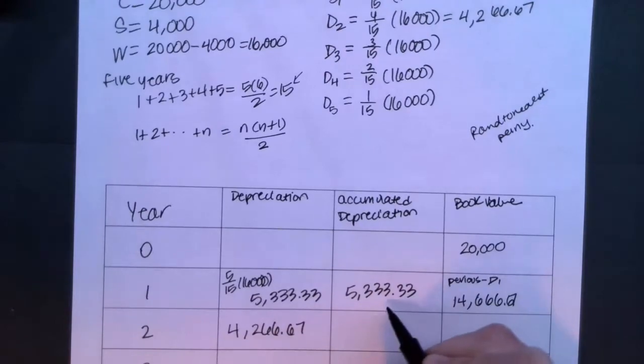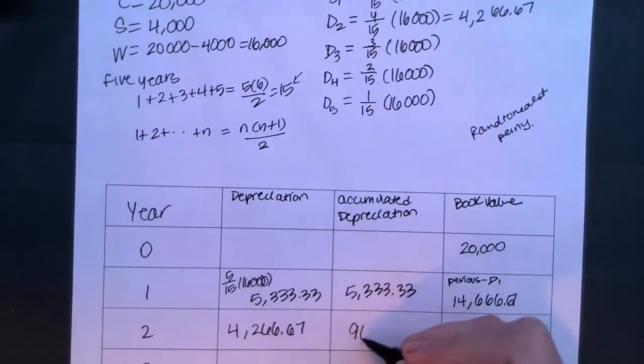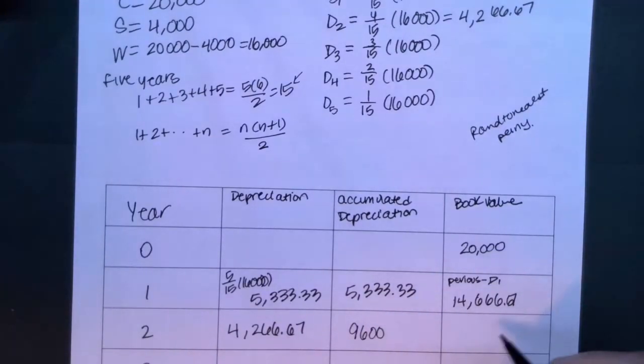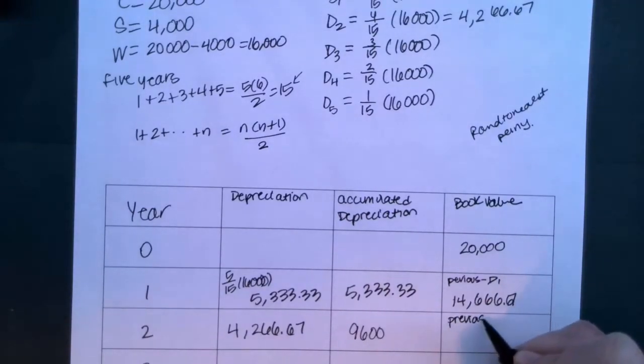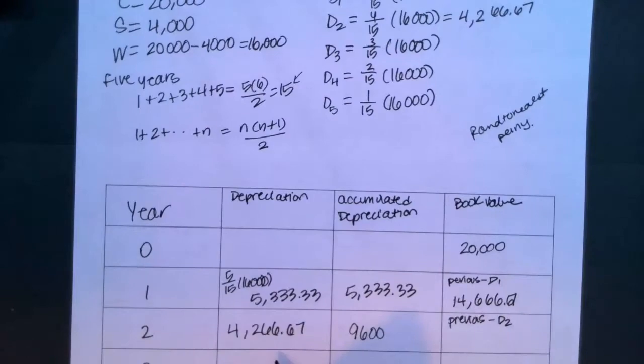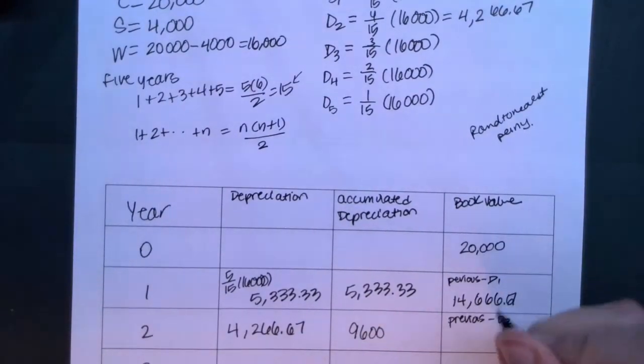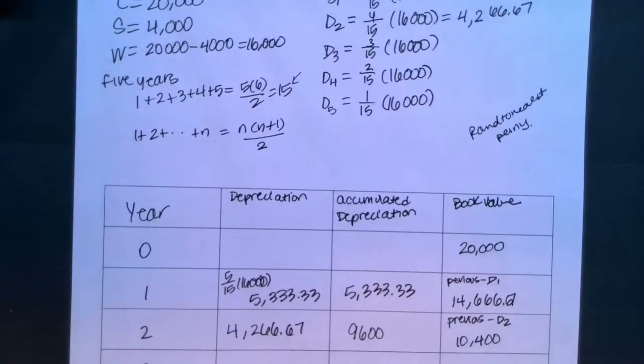So here our accumulated depreciation when we add these together would be $9,600. And then our book value, again, is going to be the previous, in this case minus our second depreciation value, so minus D2, and you should get 10,400. And then we're just going to keep going in the same method.